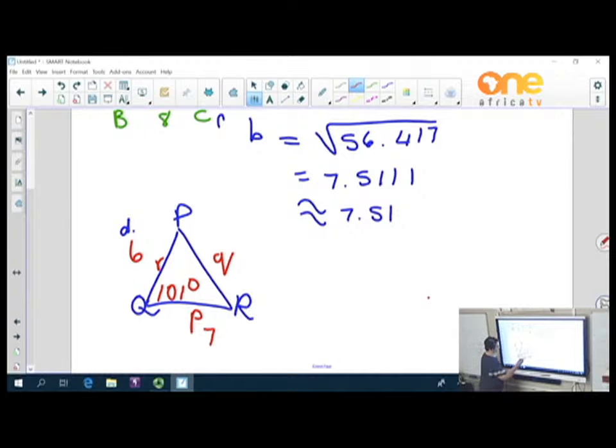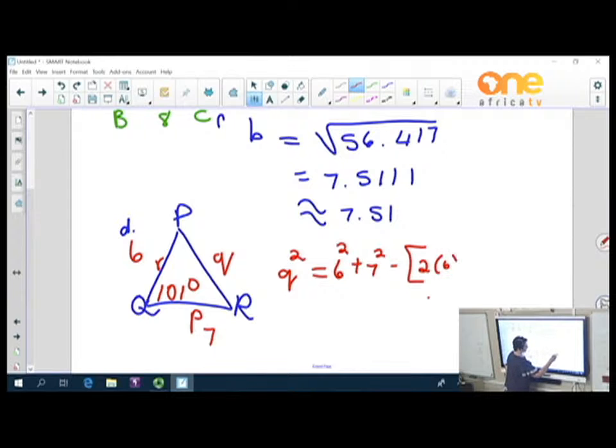It's important. So I'm going to say that Q squared, this is the one that you want to calculate, is then 6 squared plus 7 squared minus 2 times 6 times 7 cosine 101. Now, this is an obtuse angle.